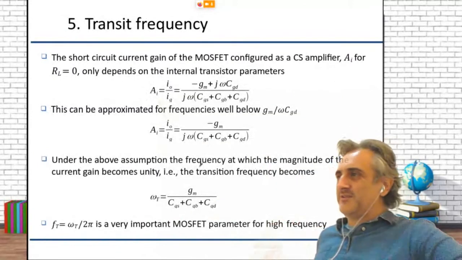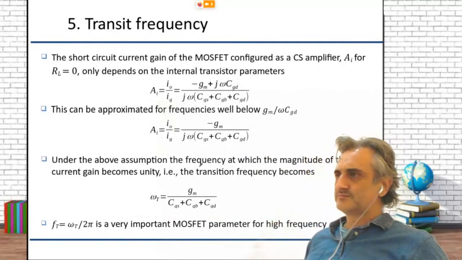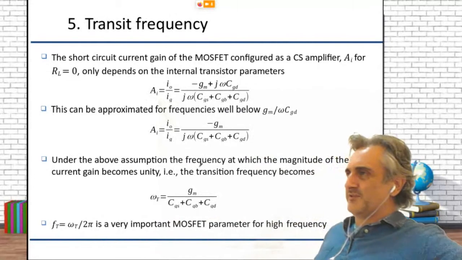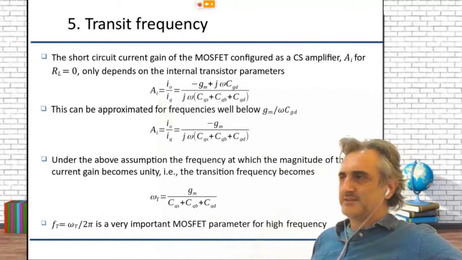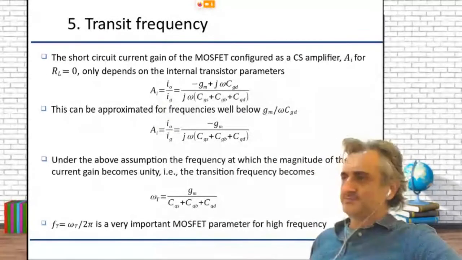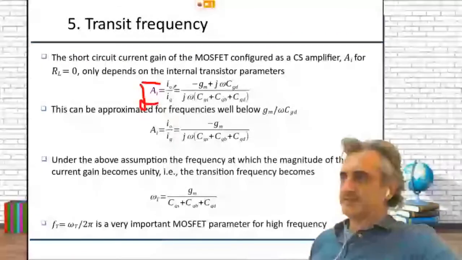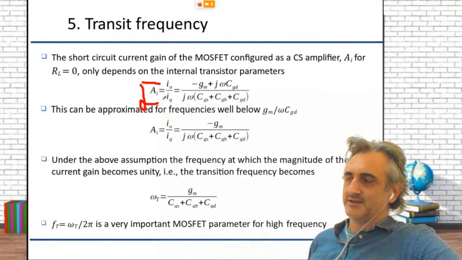Another thing that we can calculate is the transit frequency. What's the transit frequency? In order to calculate the transit frequency, we calculate the current gain. The current gain is just the output current divided by the input current, which is the current at the gate.